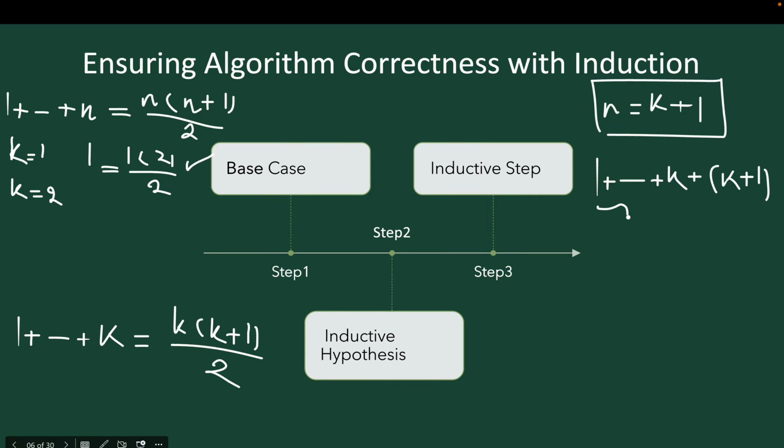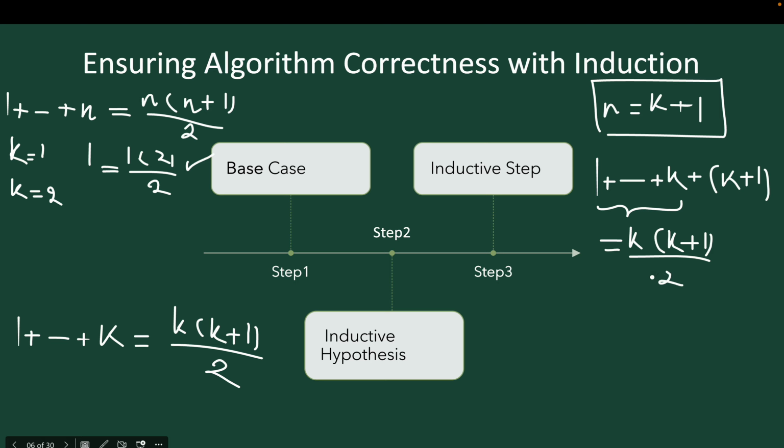Okay, the sum of 1 until k is, by the inductive hypothesis, k multiplied by k plus 1, divided by 2.